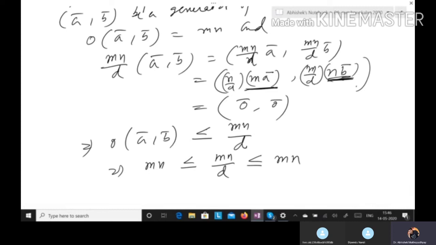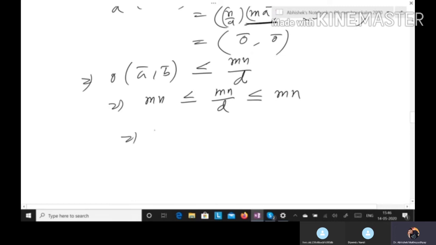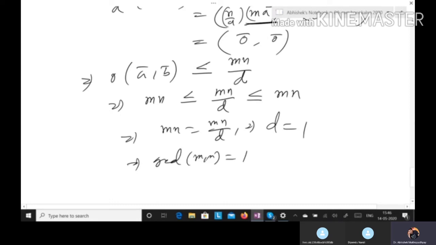So Mn by D is the quotient in the division of Mn by D. So Mn by D is less or equal to Mn, and this proves that Mn equals Mn by D, that is D equals 1, that is, GCD of M comma N is 1.